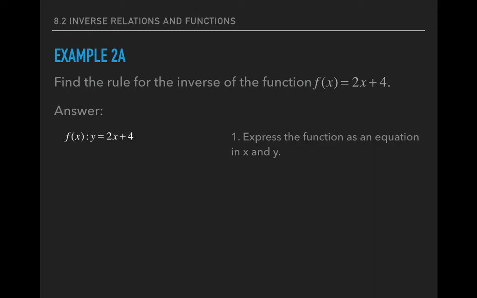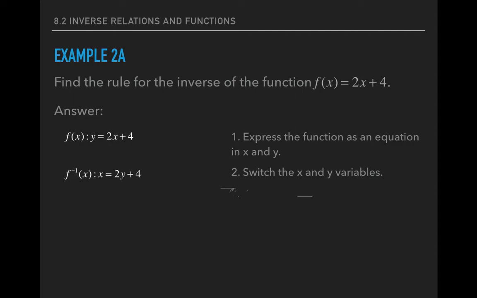So instead of using function notation, use the y. So f of x is really y equals 2x plus 4. Then what we have to do is in that function, go ahead and flip x and y. So now it is x equals 2y plus 4.